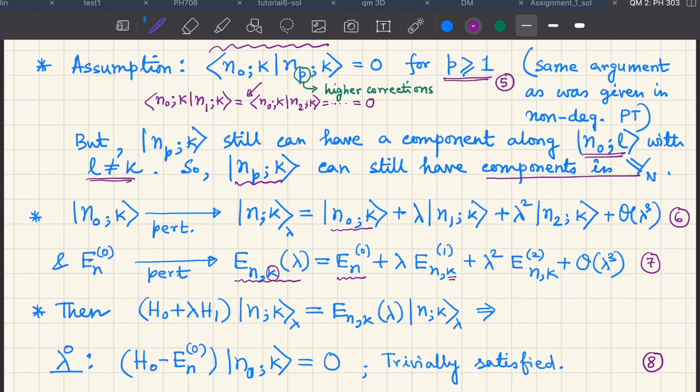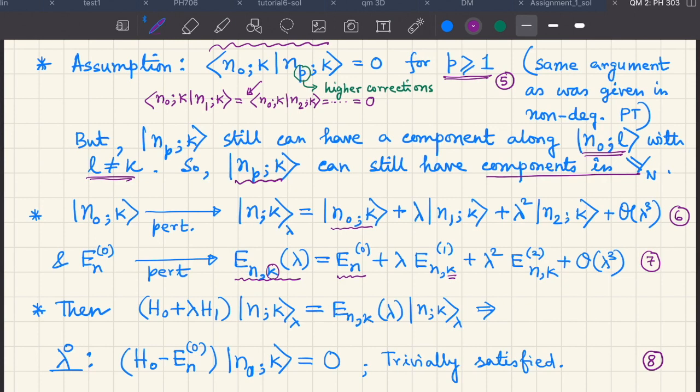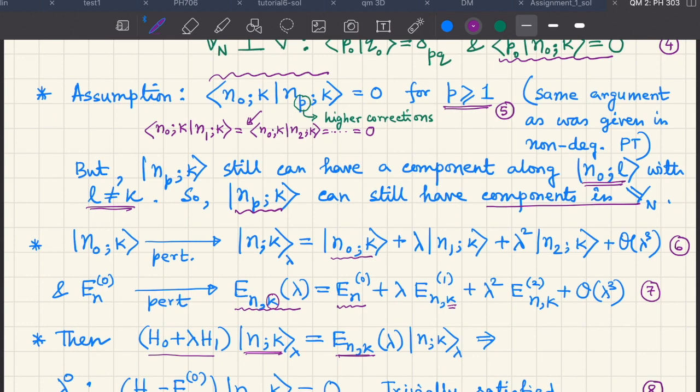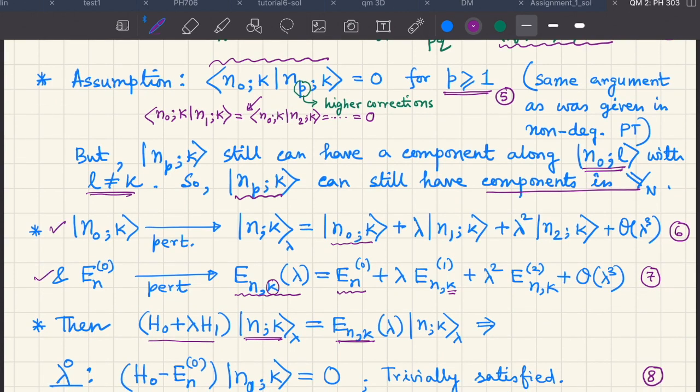Then we use the same trick that we had applied for the perturbation theory in case of non-degeneracy. We had written down this total Hamiltonian H naught plus lambda H1, and we operated this on this perturbed state, and what we get is basically Enk, the corrected values of energy, and we will just replace these Nk lambda and Enk from these two equations, and we will have a polynomial in lambda.